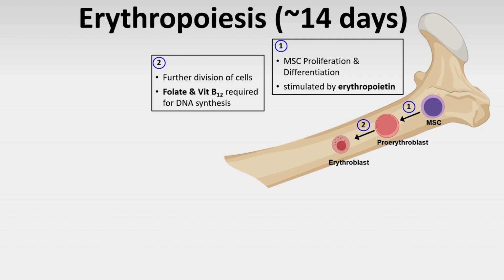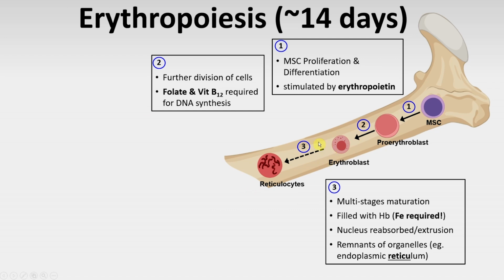And this is something that we will be discussing later on when we talk about the different causes of anemia. Following the formation of erythroblasts, there will be multiple stages of maturation until a premature erythrocyte is formed. That's what we call reticulocytes.